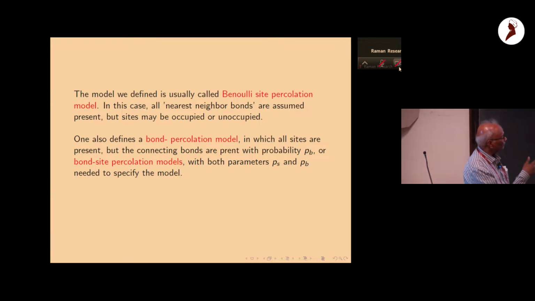Okay, so what we defined is called the Bernoulli site percolation model, but I can also do similar things with bond percolation. So there is a lattice, there are bonds, maybe I should draw a picture.